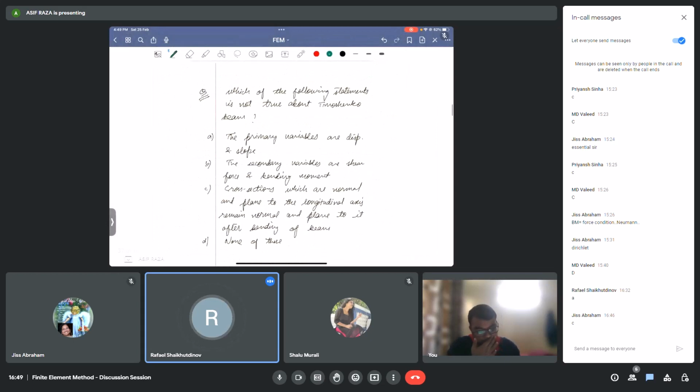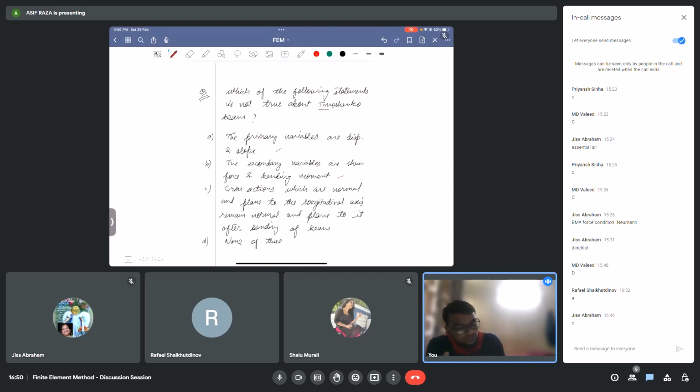Okay, thanks. So with that, the first and second statements are correct. The third statement says cross sections which are normal and plane to the longitudinal axis remain normal and plane to it after bending of the beam.